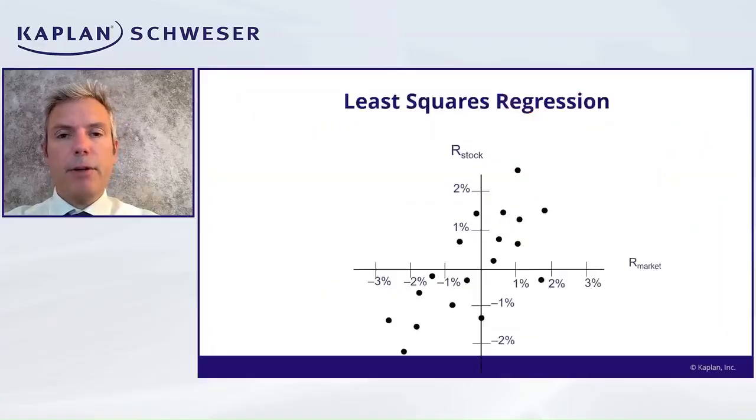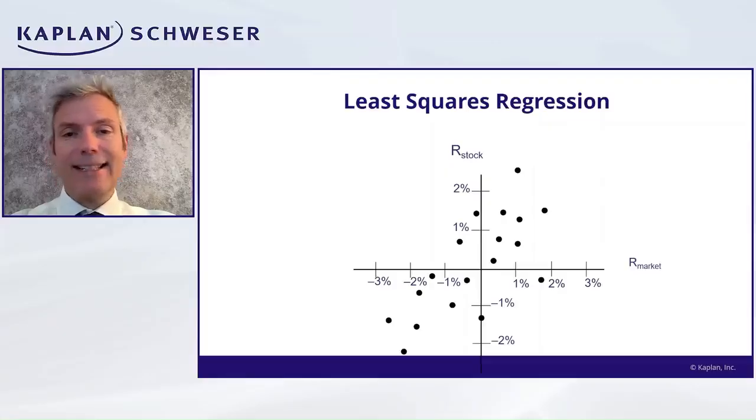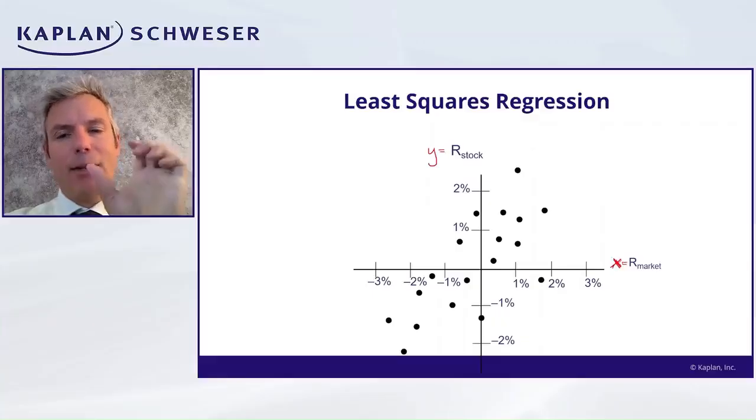The starting point of any regression is a visual one, and that is a scatter plot of the y variable, which in this case is the return on an individual stock, versus the x variable, which is the return on the market here. Each one of these dots is a paired observation.